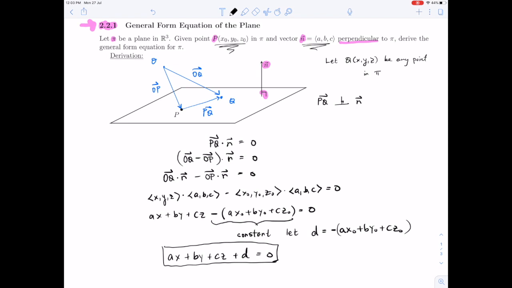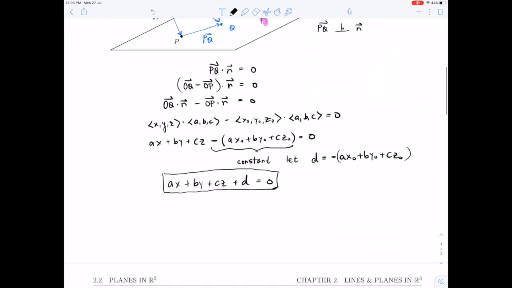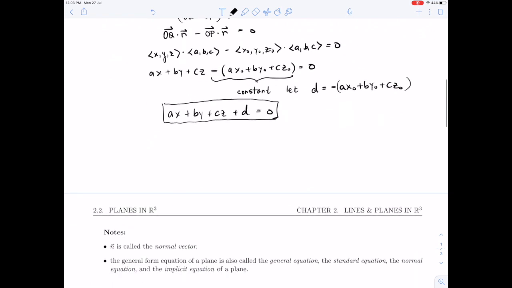or the general equation of the plane in R3. Now there's a couple of things that we should take stock of here. That perpendicular vector is called the normal vector. And if you remember from the beginning of the problem, n was (a, b, c), and you can actually still see the components of n sitting right there.